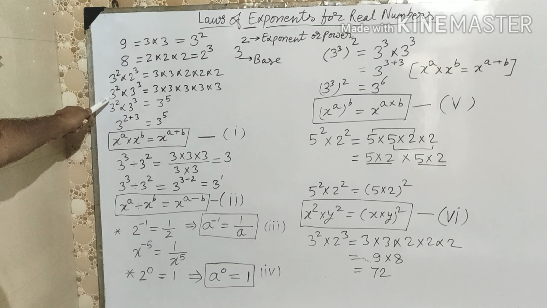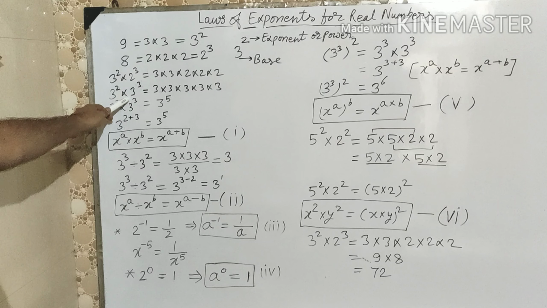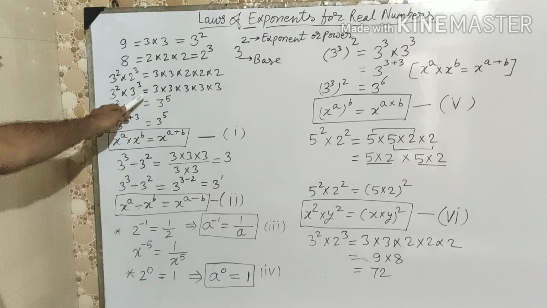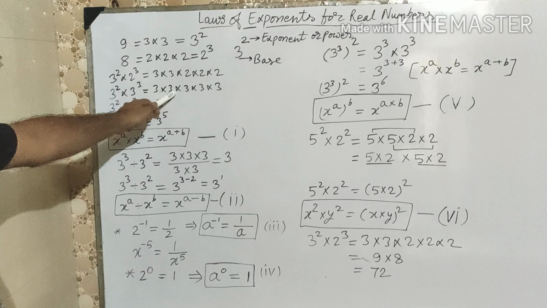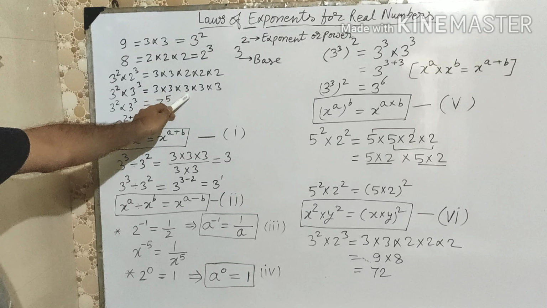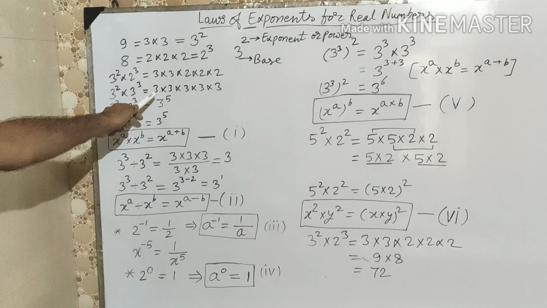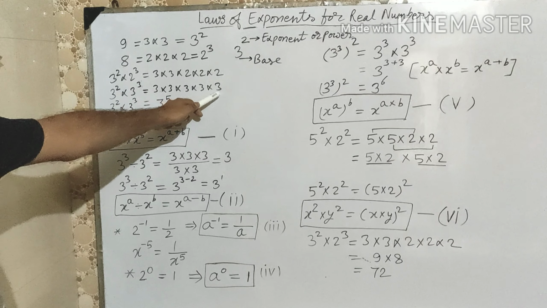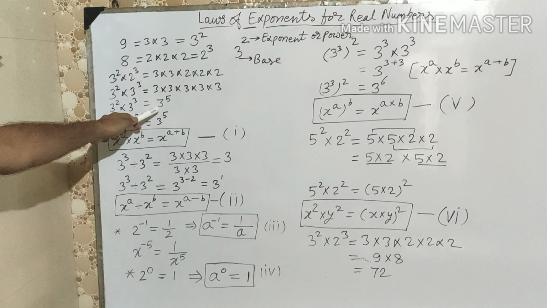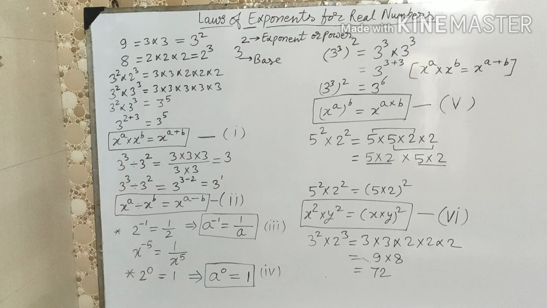In the next example, 3 to the power 2 into 3 to the power 3. First 3 comes 2 times and then 3 comes 3 times. As we are seeing here, 3 is coming 5 times, so it can be expressed as 3 to the power 5.